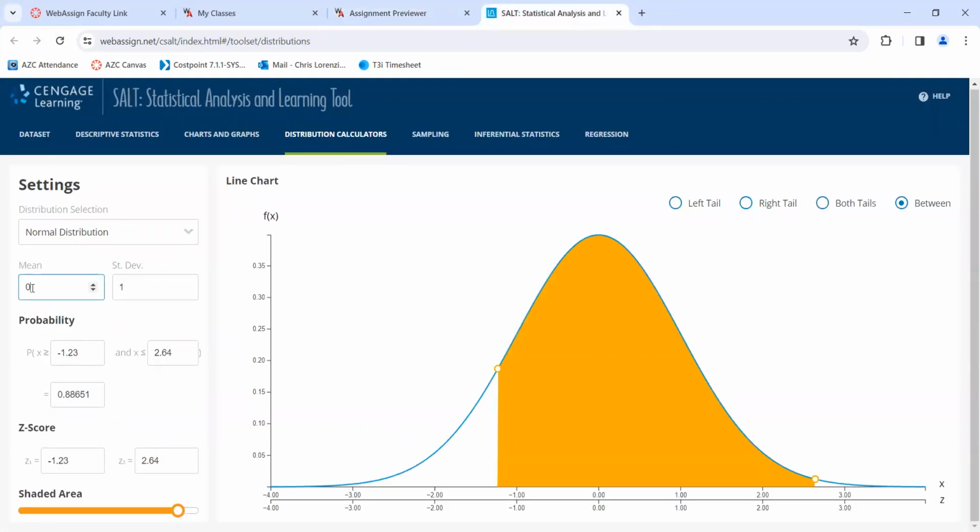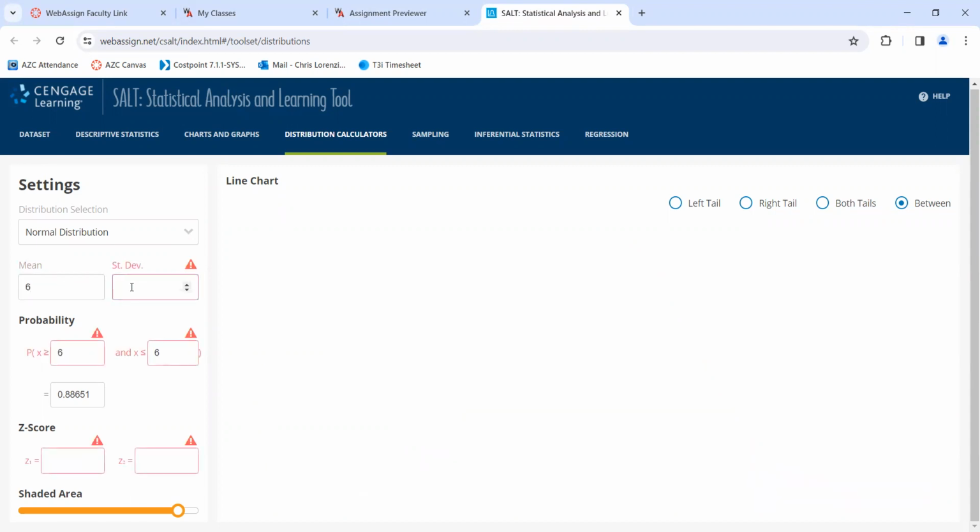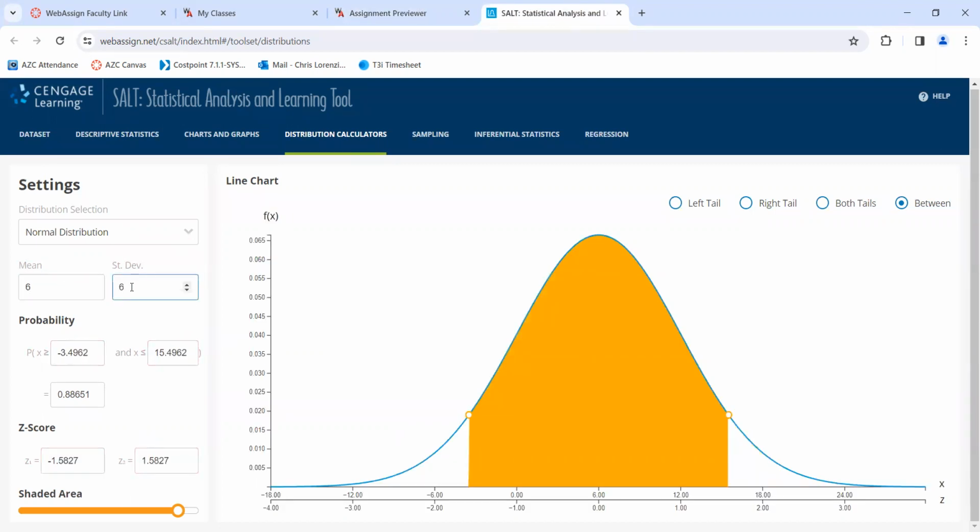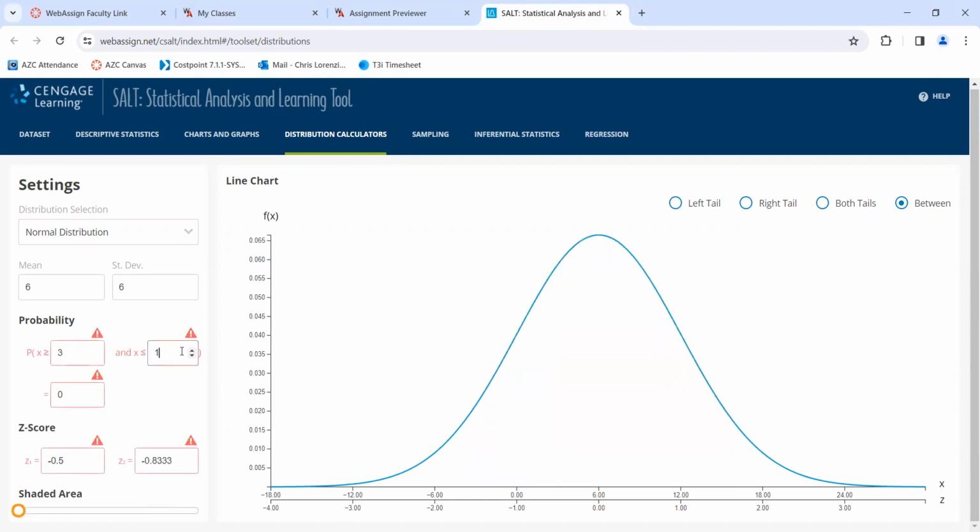So if we take a look at that first one, what we would want to do is update the mean and standard deviation. The problem said they were 6 and 6. And then I wanted to find the area between x is 3 and x is 12.